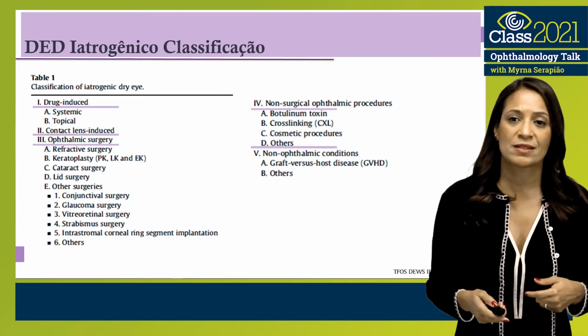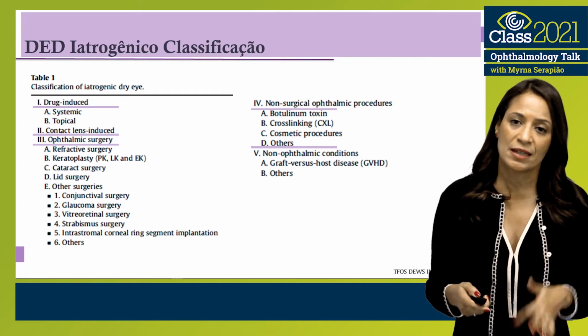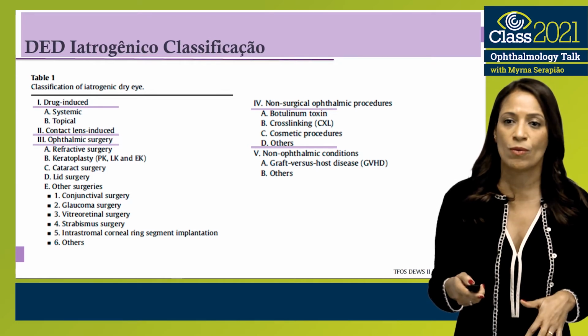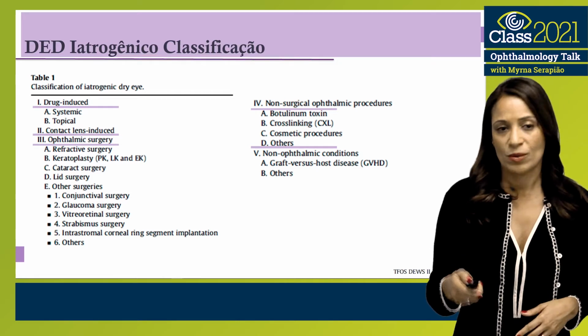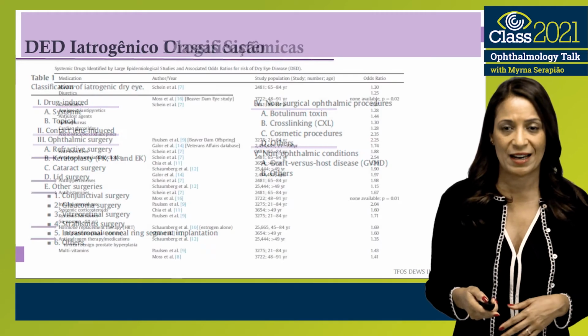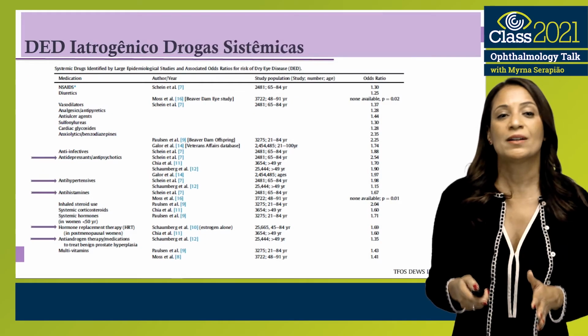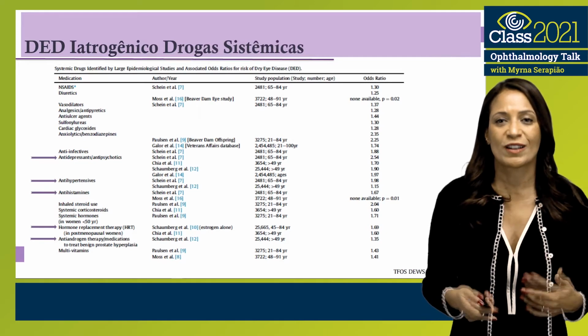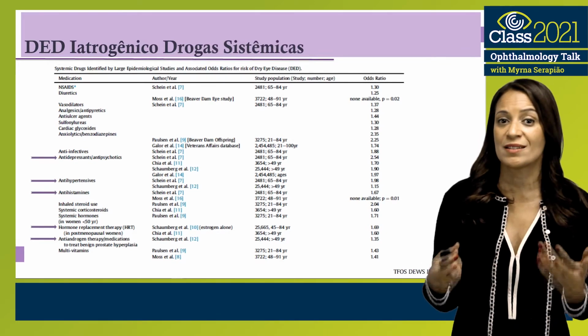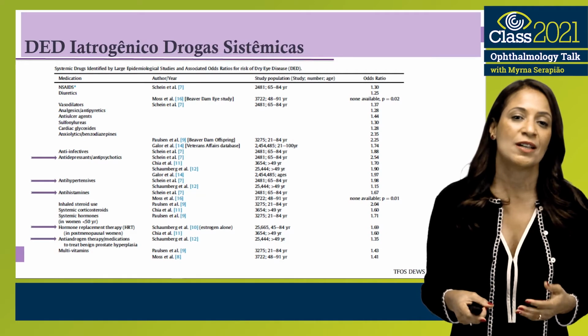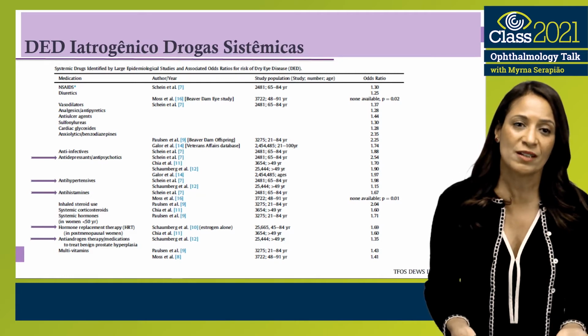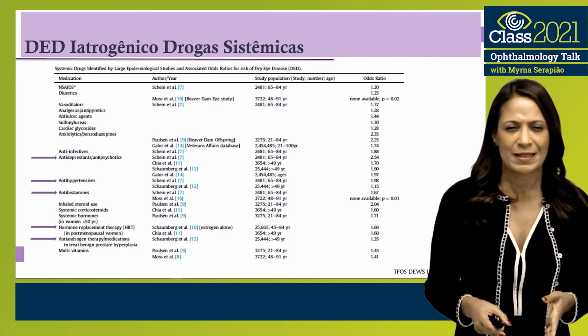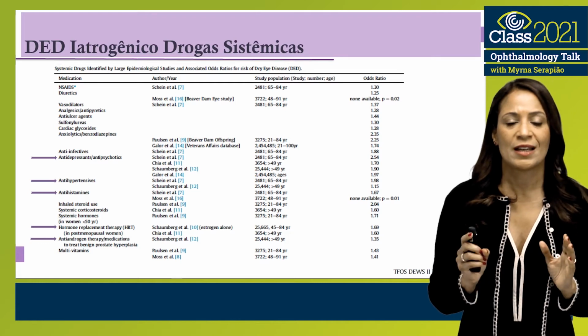And so, for iatrogenic dry eye induced by systemic drugs, we have some that we need to highlight as they are more important in triggering dry eye in these patients, such as antidepressant drugs, antihypertensives, and antihistamines. We know that they reduce tear film production. Hormone replacement therapy in menopausal women is also related.